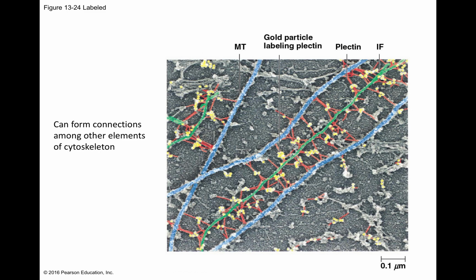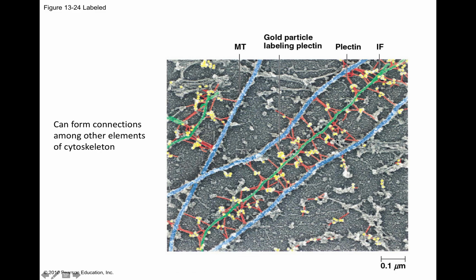Intermediate filaments can form connections and cross bridges between other kinds of cytoskeletal elements. So here's an example of a false color picture of the cytoskeletal network of a cell, where the microtubules are the large diameter fibers labeled in blue.